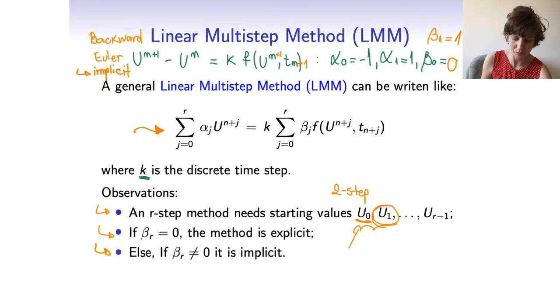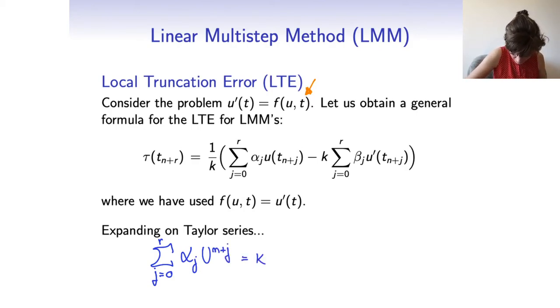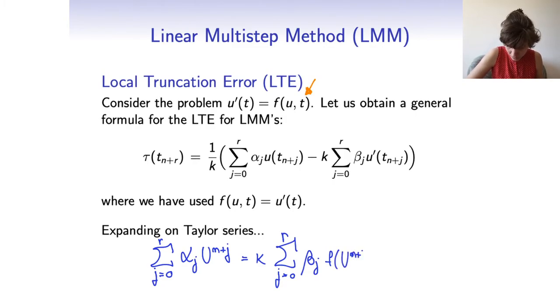So we have the sum of j equals 0 until r of alpha j u n plus j, equal to k times the sum of beta j, and here we have f of u n plus j at the time t n plus j.